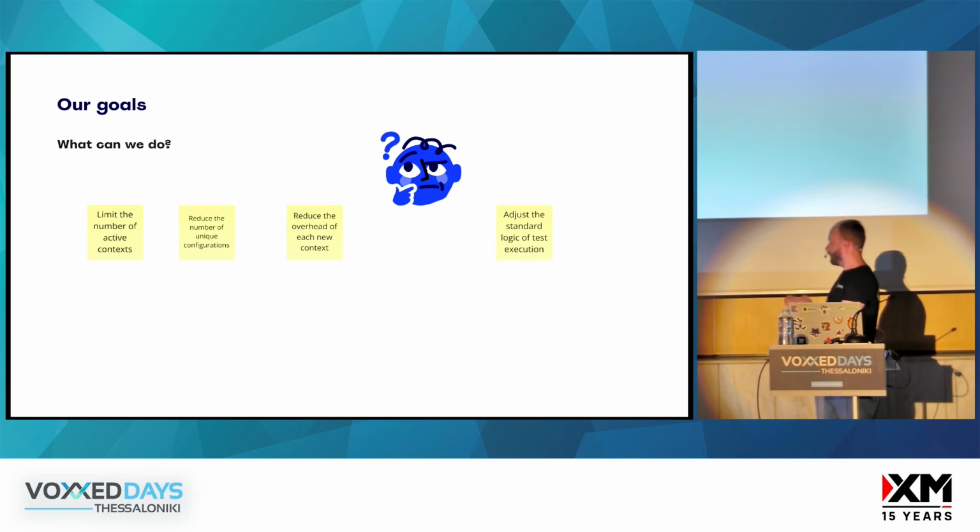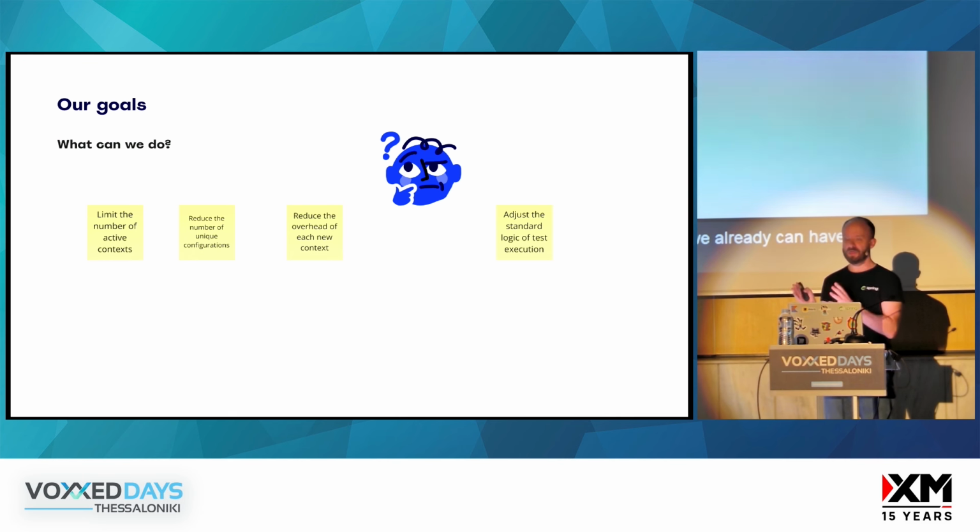So for now, we already can have some intermediate goals, since we understand the root cause of the problem here. We need to limit the number of active contexts if possible. We need to reduce the number of unique configurations to reduce the number of active contexts.